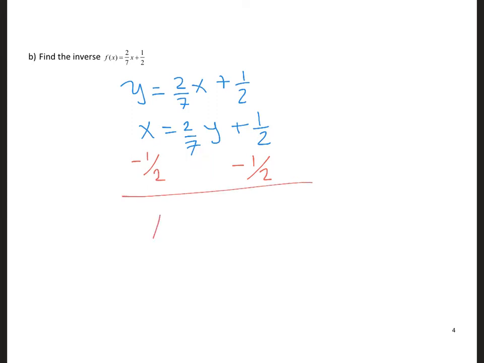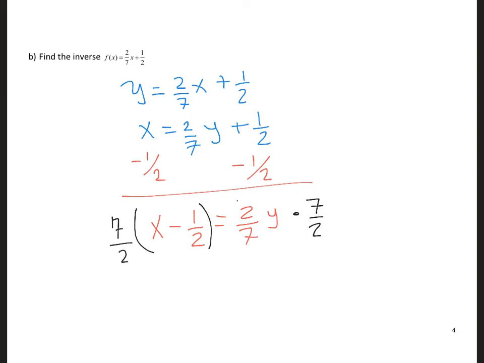So I get x minus a half equals 2 over 7 y. And then I just need to get rid of this fraction and isolate y, so I multiply by the reciprocal, 7 over 2. I do the same on the other side.